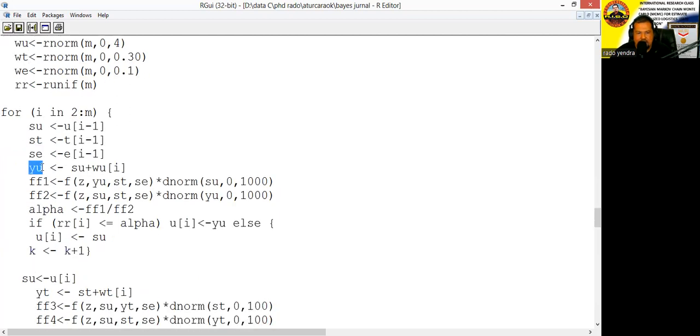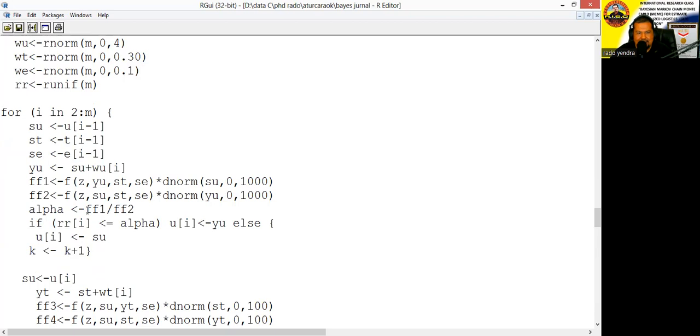Like this one, this is pi star equal to pi G minus 1 plus omega pi. And then this A means what we have discussed.